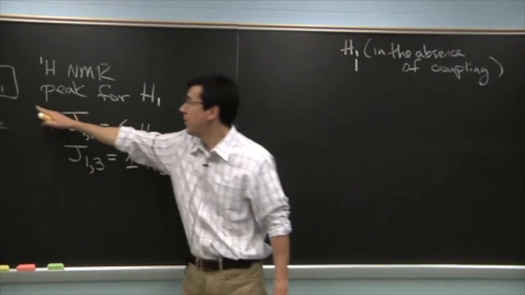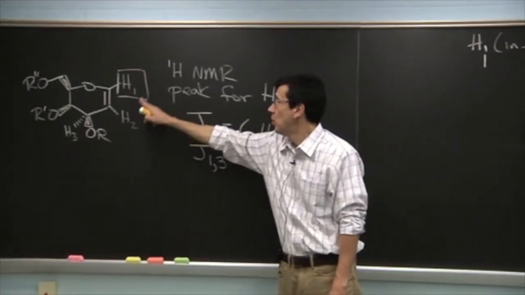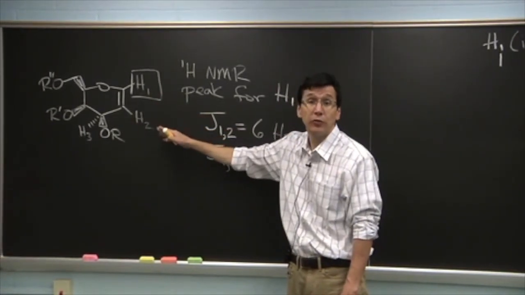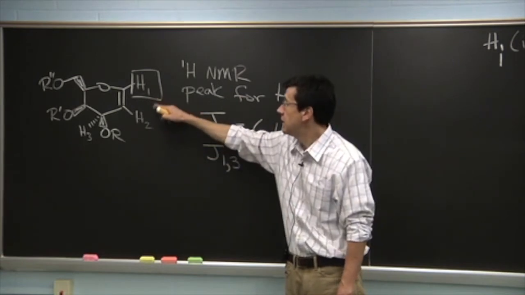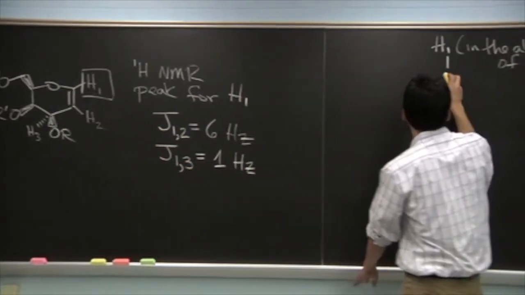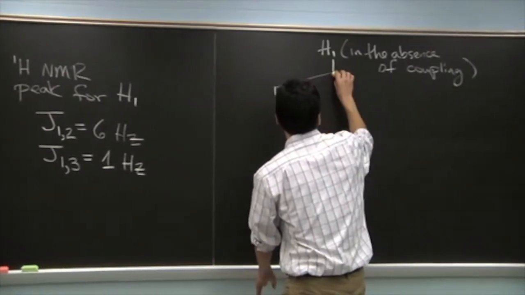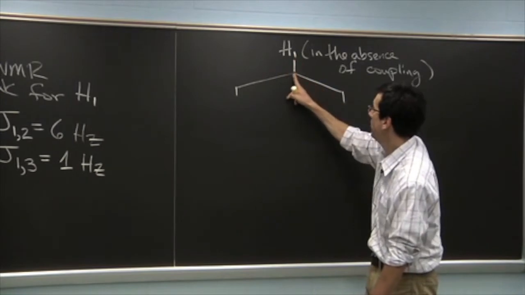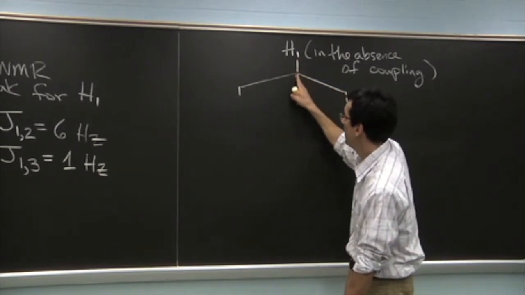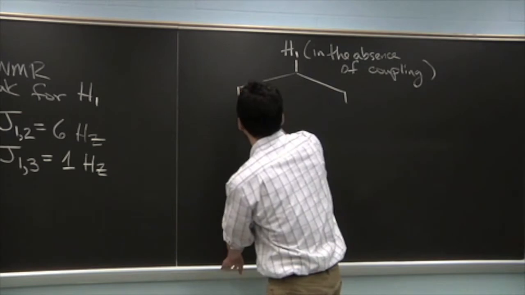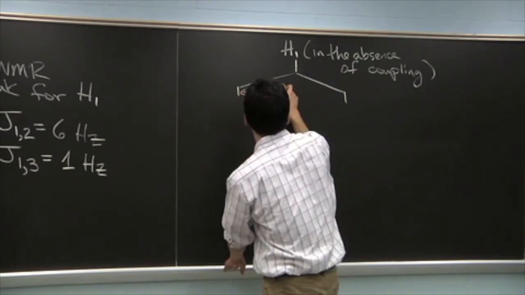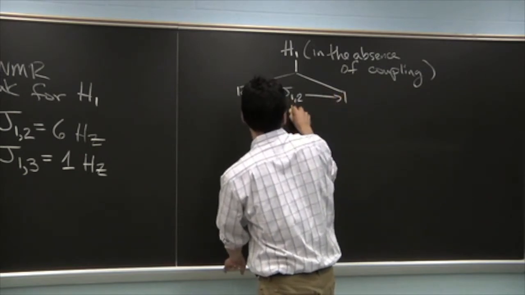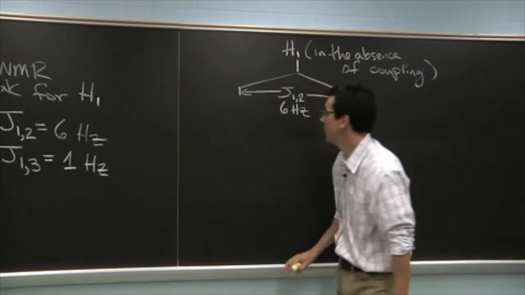There's just one member of H2, so H1 will be split into a 1 plus 1 equals 2, a doublet, because of H2. So on our diagram over here, these diagonal lines just mean H1 gets split into this piece and it gets split into that piece. And this would be the coupling constant between 1 and 2, which in this particular case is 6 hertz.